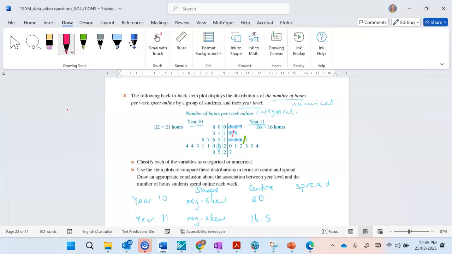So Q1 equals 13. And then for my upper half, halfway between 22 and 23, so it's 22.5. So your interquartile range, remember, is Q3 minus Q1, so that's going to be 9.5.